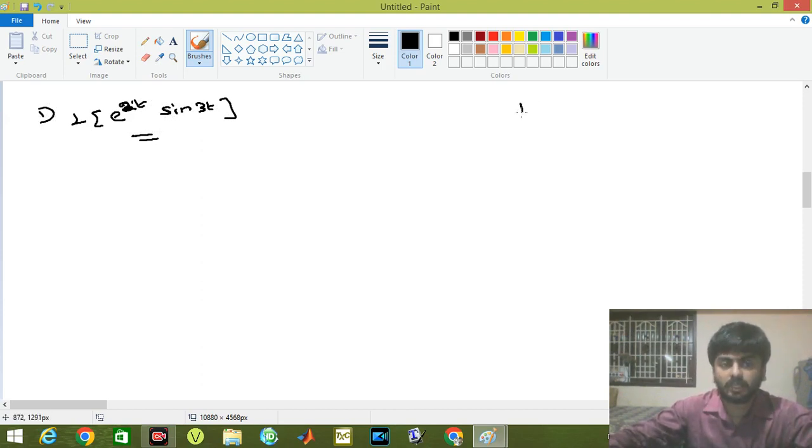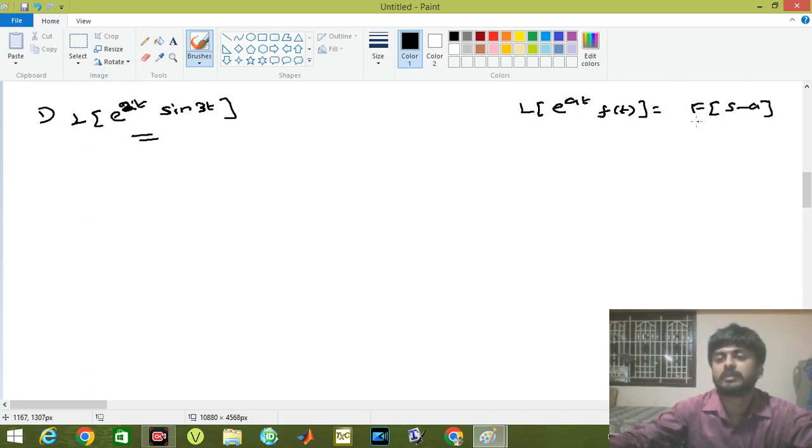What is our result? L of e power at f of t equal to F of s minus a. So with this result I am going to work on this problem.